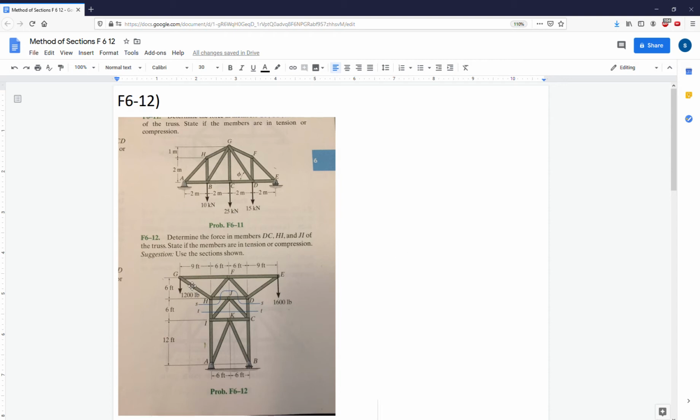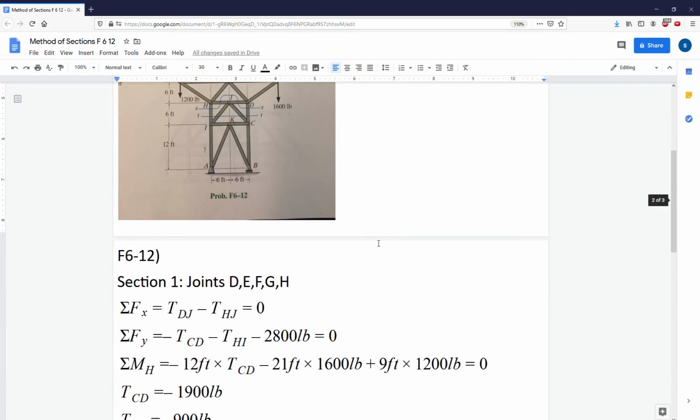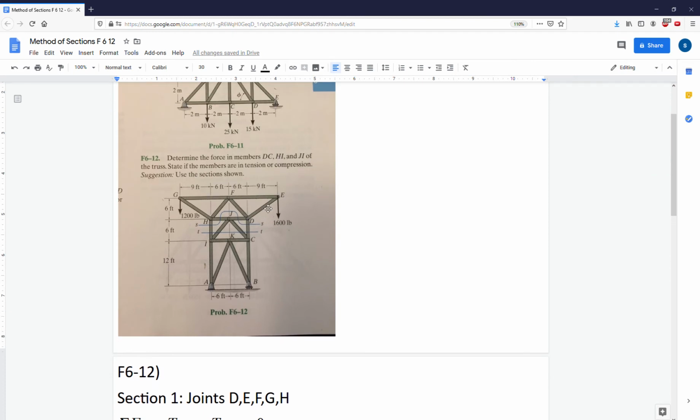For cut S, and looking at this top section of the truss, there are these two load forces downward. There is HI, CD, DJ, and HJ, our tensions.